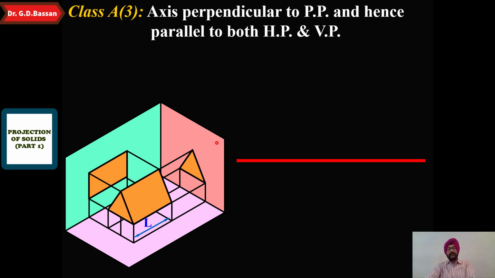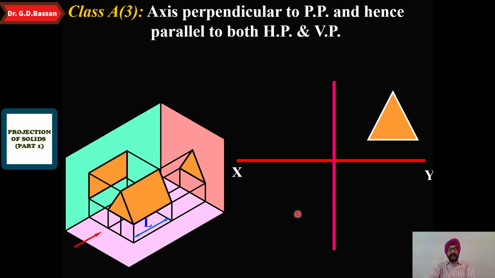So obviously you have to start drawing your view, that is the side view, in which you are getting the actual shape of the base from the profile plane. So we have to start drawing with the profile plane, that is the side view.